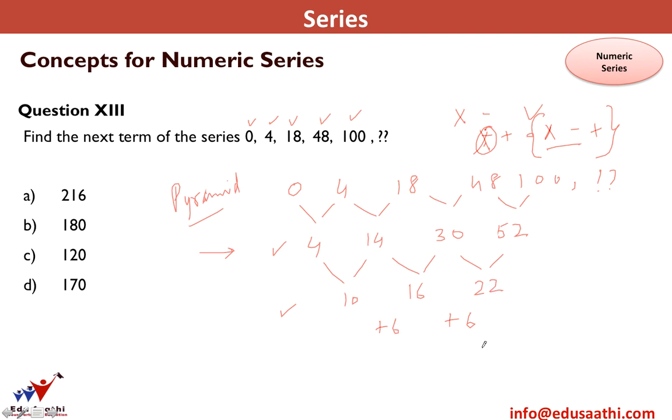Now we'll start moving from the bottom of the pyramid towards the top, and then find out the value of the question marks here. So what I'll do here is, in 22 I'll add 6, so 28 will figure out here. If 28 figures out here, I'll draw a reverse line. It means that 28 plus 52, which is 80, was here.